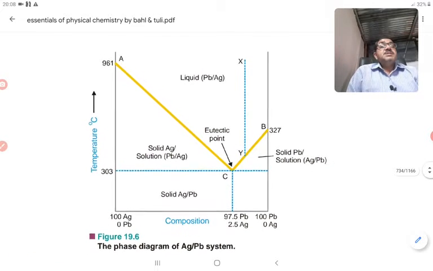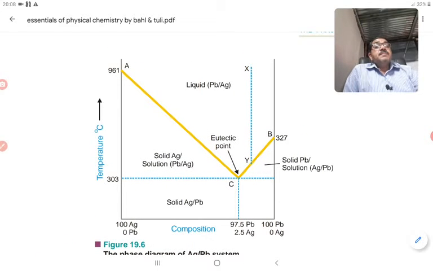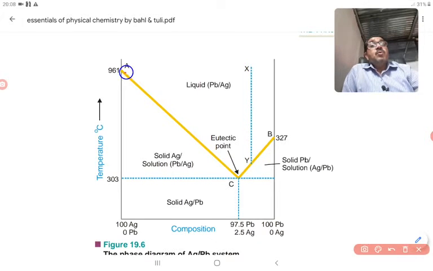Diagrammatic representation is shown on the screen here. Here the points A, B and C are shown. Temperature T is shown here. Composition is shown.